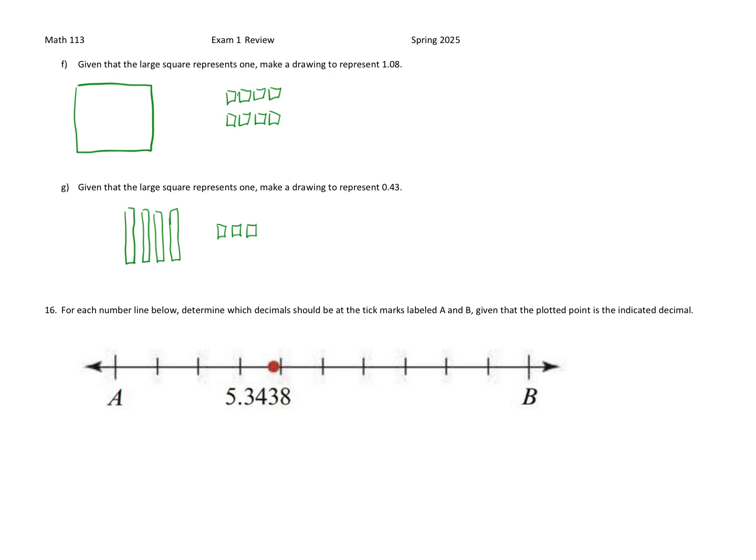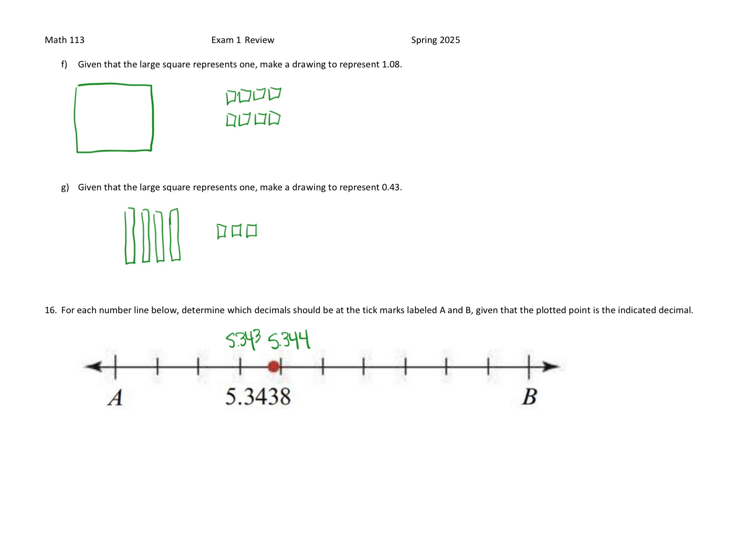So I think that this is 5.344, and this is 5.343, because it looks like about 80% of the way from 5.343 to 5.344, and that's what that 8 is telling me, that it's about 80% of the way there.